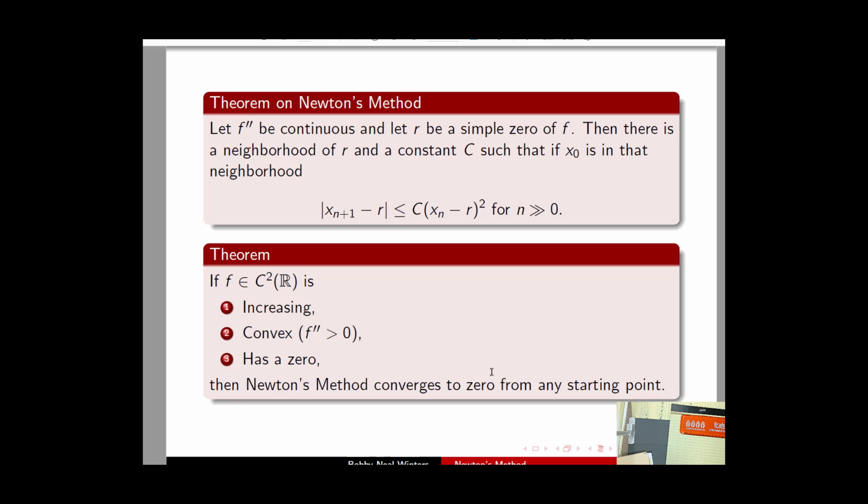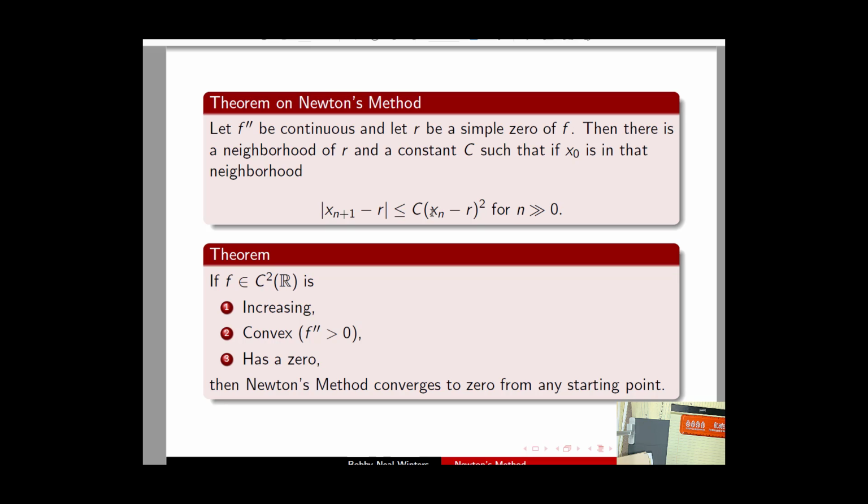Then there is a neighborhood of r and a constant c, such that if x sub 0 is in that neighborhood, we have that the absolute value of x sub n plus 1 minus r is less than c times the absolute value of x sub n minus r squared, for n big enough.